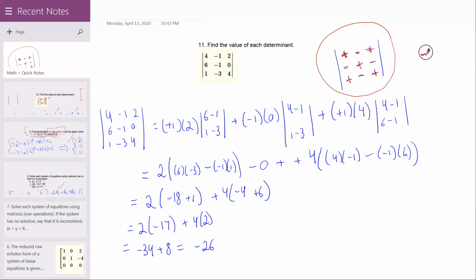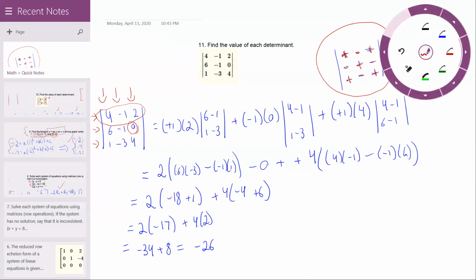For this determinant, we can go down any column or across any row. A lot of the examples show across the top row, but that is not always the easiest one. In particular, if there's a 0, we want to use a column or row that includes that 0. So we are going to go down this column.